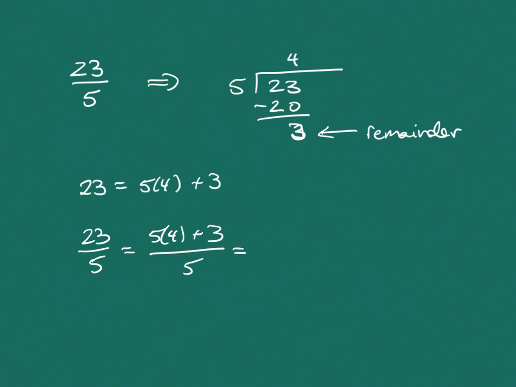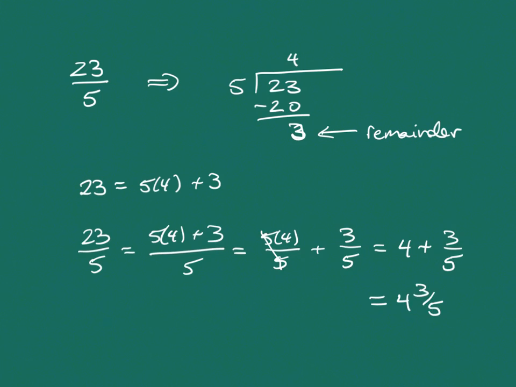We could say that was 5 times 4 divided by 5 plus 3 divided by 5. So our 5's canceled out, and we were left with 4 plus 3/5. And so we then wrote this as our mixed number of 4 and 3/5. The same thing kind of happens with polynomials as it does with integers.